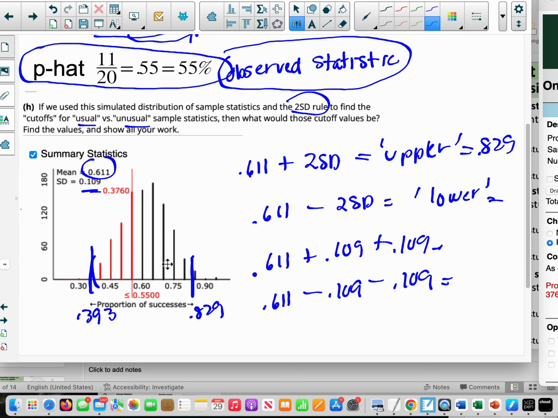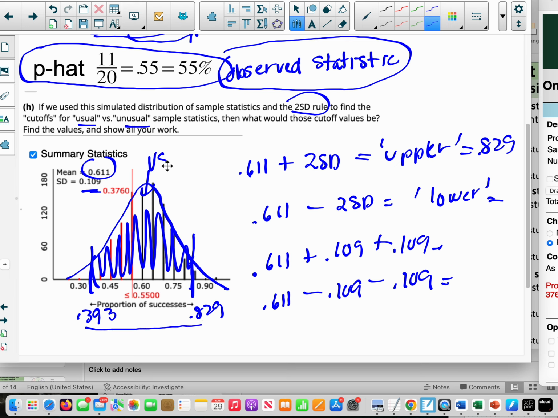So what that says is that, and this is approaching a normal distribution, anything in between 0.393 and 0.829 is considered usual. And then anything that's above it or below it would be unusual.